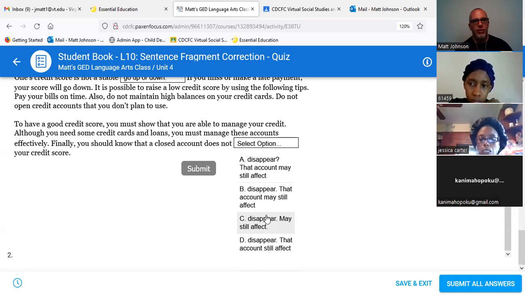So finally, you should know that a closed account does not, and Nilda says B, and yeah, it's B, Nilda. So right, we're finishing that with disappear. That is not a question, right? So we eliminate A. Finally, you should know that a closed account does not disappear. And then that account may still affect your credit score. So that makes a complete sentence for the next sentence, right?